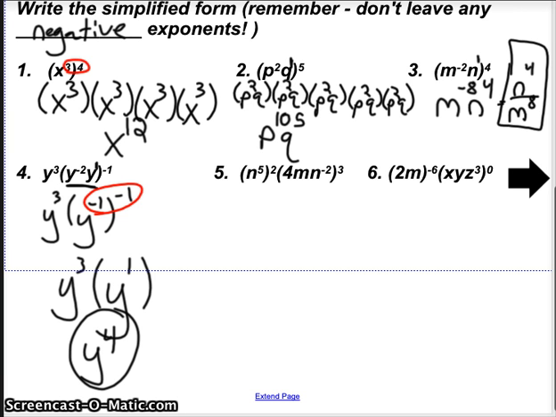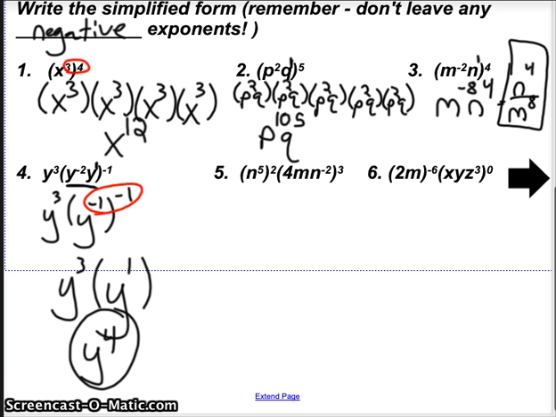Those are the steps we're going to be taking: clean up inside a parenthesis, do powers of a power, and then finish up with any multiplication that's left.